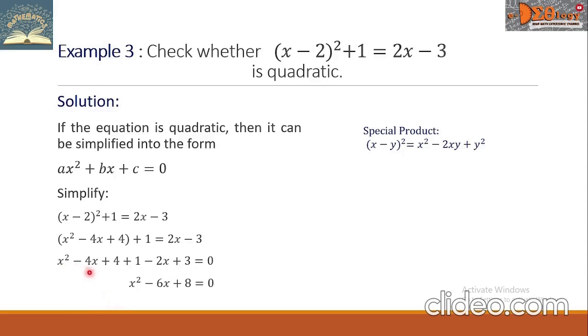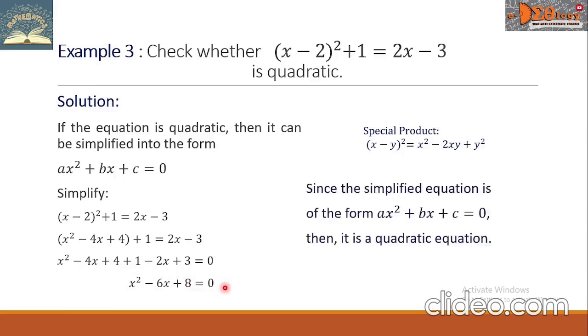We combine negative 4x and negative 2x, which becomes negative 6x. Then the constants 4 plus 1 plus 3 become 8 equals 0. Since the simplified equation is of the form ax squared plus bx plus c equals 0, then it is a quadratic equation.